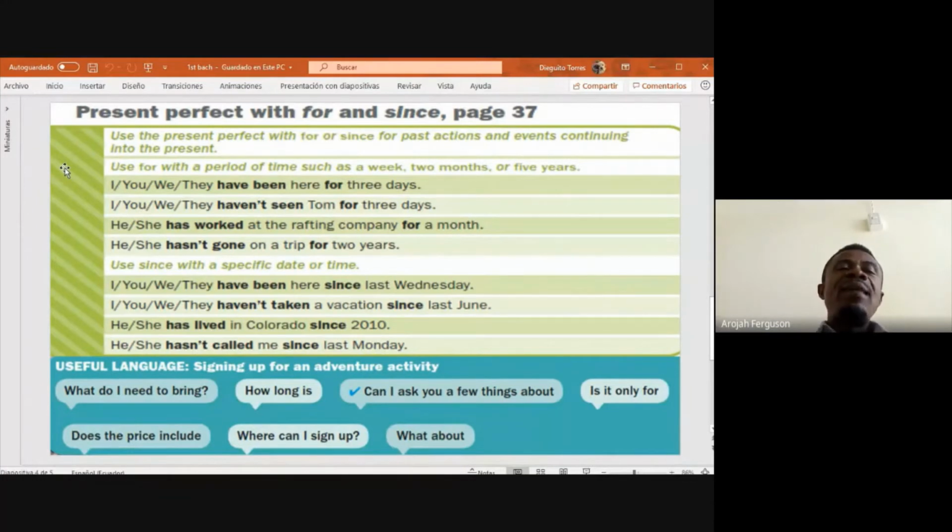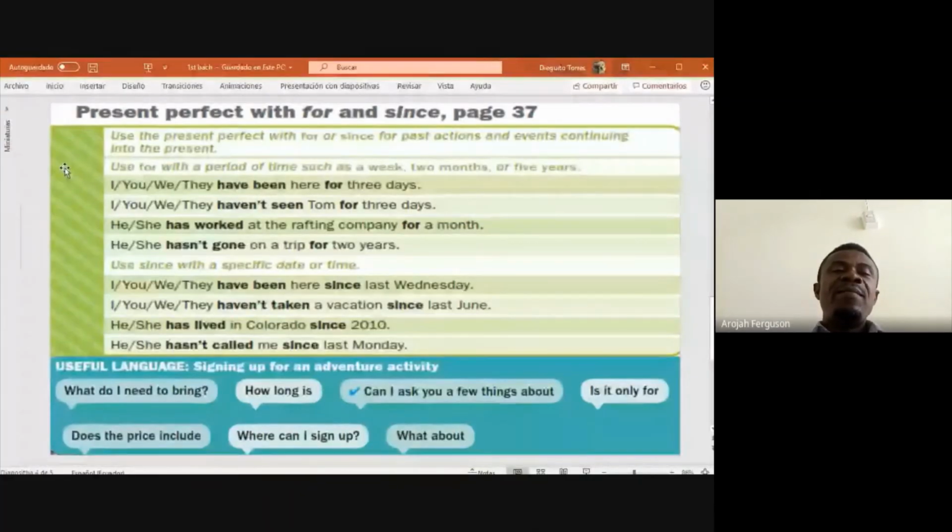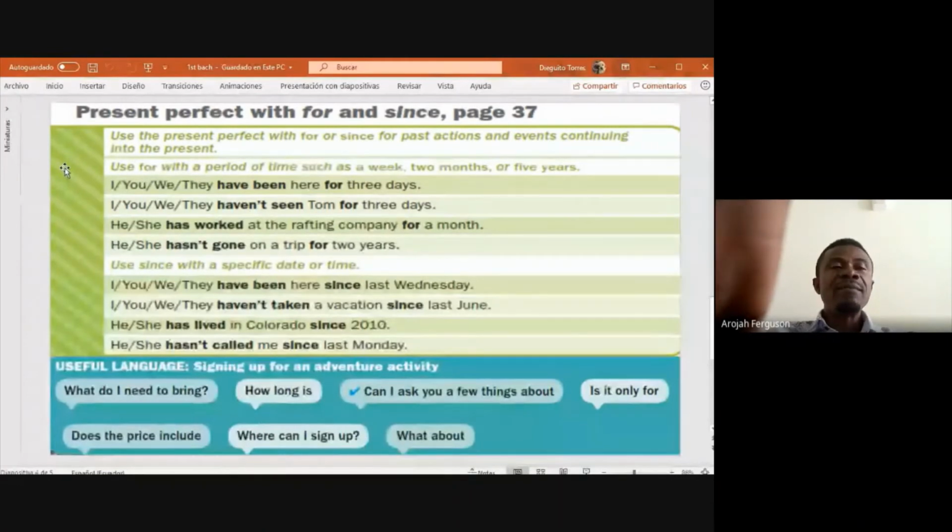Then we have another formula. Use for with a period of time such as a week, 2 months, or 5 years. Let's see some examples here. Now, for examples, we use the same pronouns.